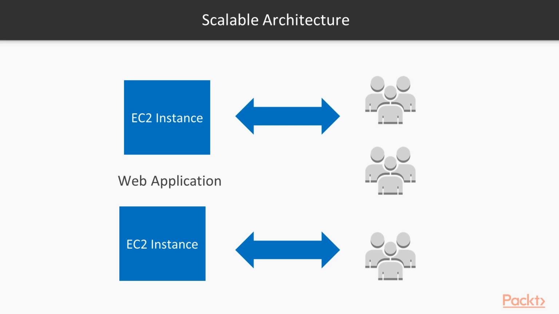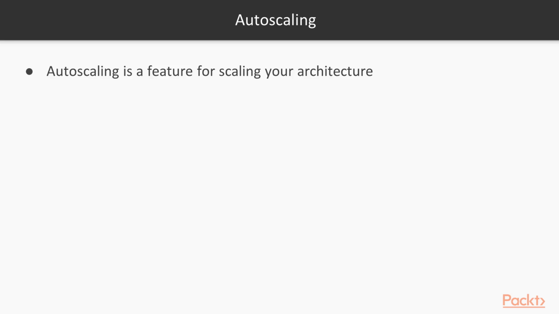So over here, you are scaling your architecture by increasing the number of servers. So this is a concept of a service known as autoscaling. So autoscaling is a service available in AWS which is used for scaling your architecture.